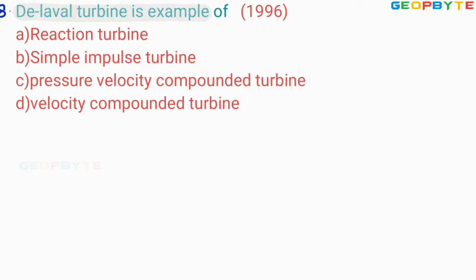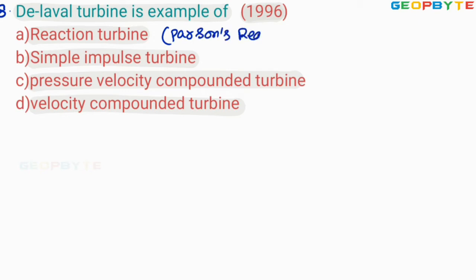De Laval turbine is an example of which? It was asked in 1996. Option A, reaction turbine. B, simple impulse turbine. C, pressure velocity compounding turbine. D, velocity compounding turbine. Dear friends, a real reaction type turbine is the Parsons reaction turbine.